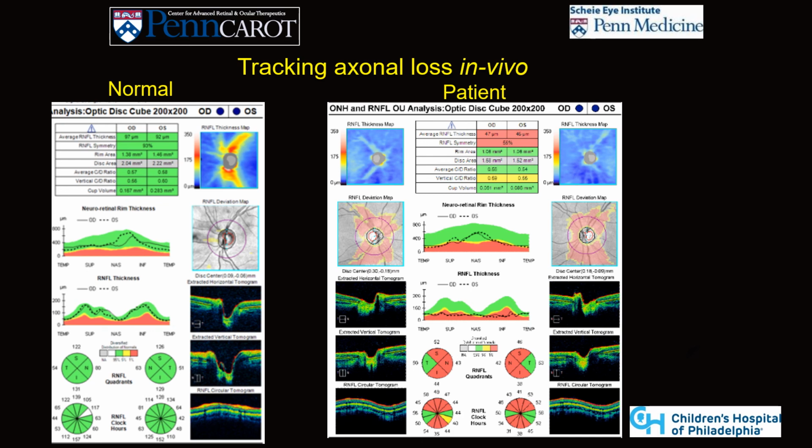You can see that it's highest in the inferior and superior pole of the nerve. In the patient, all you see is blue. There are no bundles, and this is despite the fact that the patient only had 20/40 acuity loss.